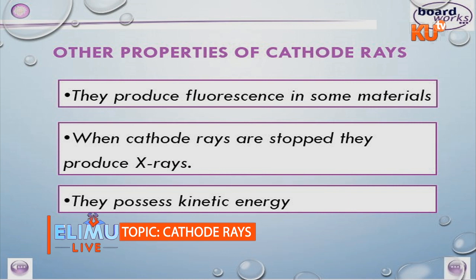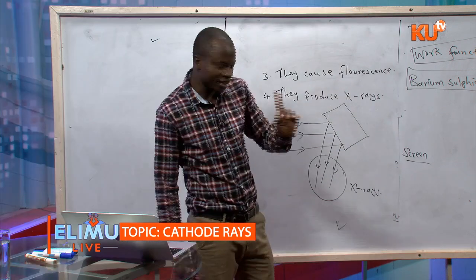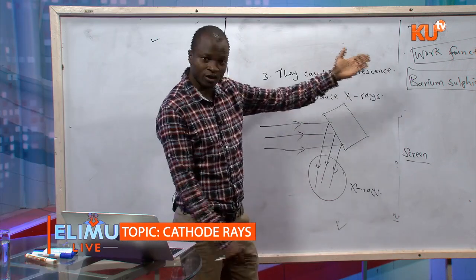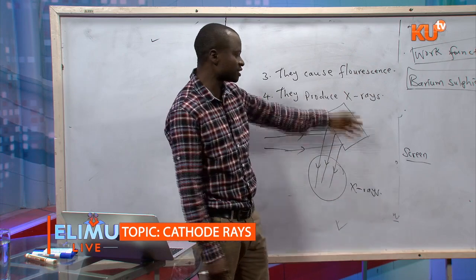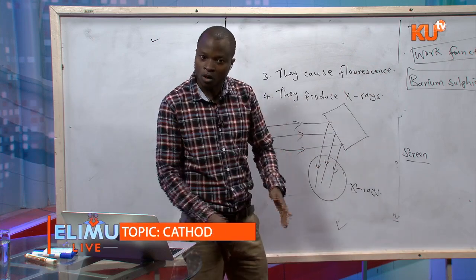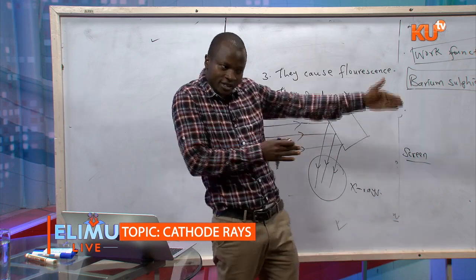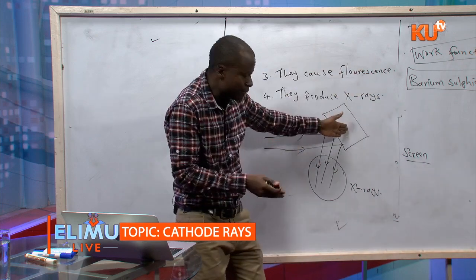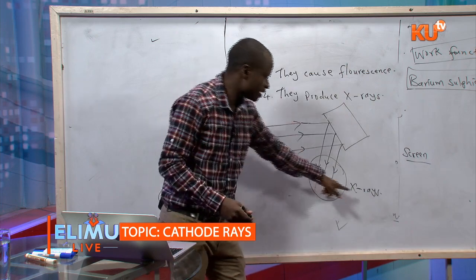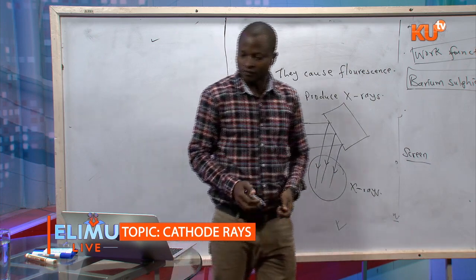That tells us one important application of cathode rays, that they are used in production of what? X-rays. We cannot talk about X-rays without electrons. There must be some heating, then electrons produced, then the electrons stopped by a metal target to produce X-rays.